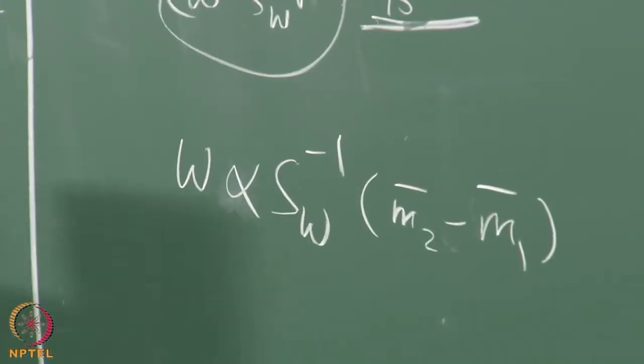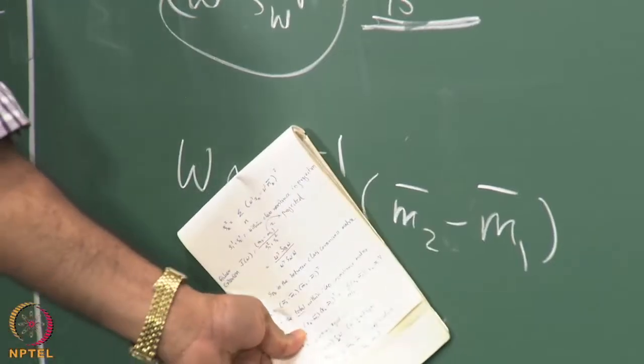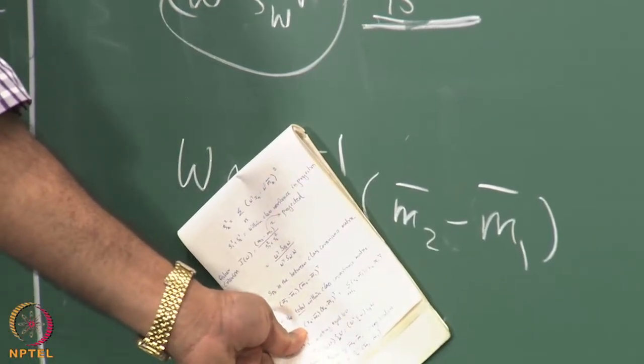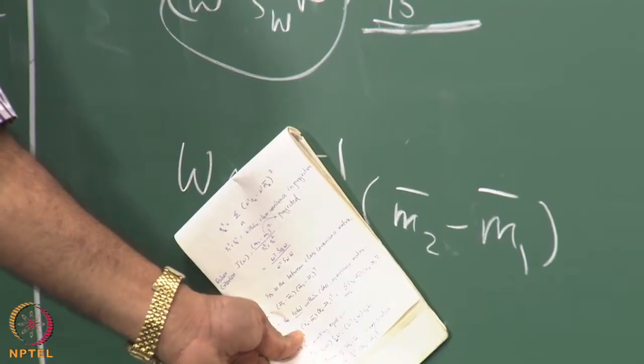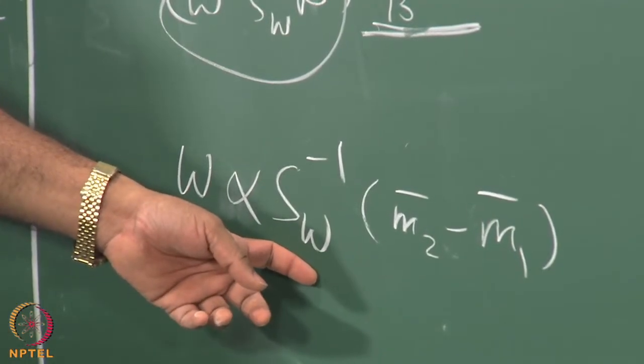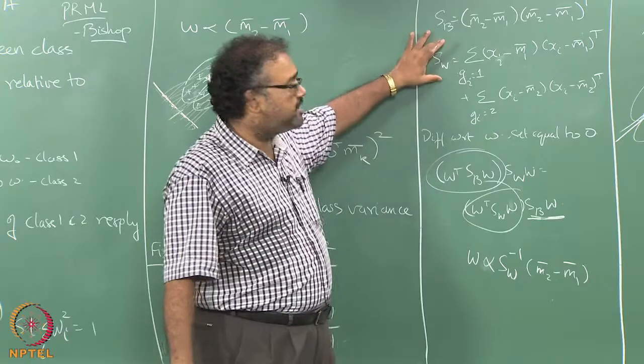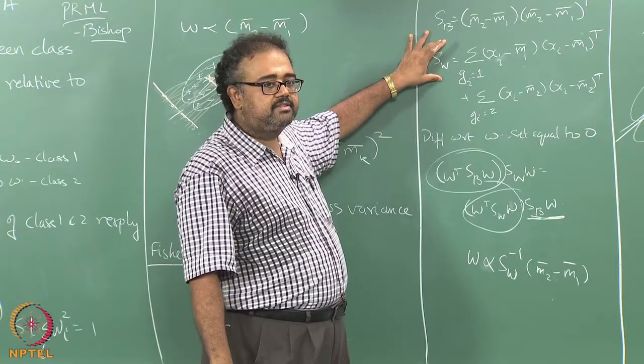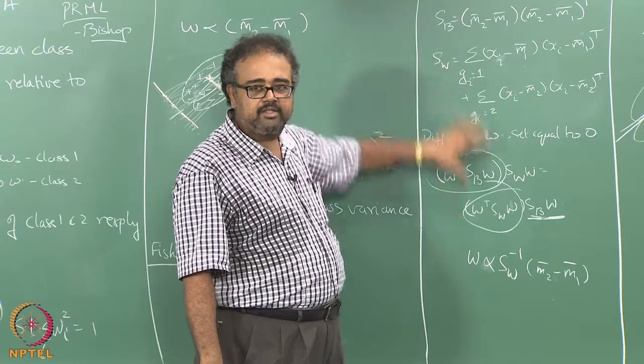So if I did not have the SW constraint, what I got was w proportional to m2 minus m1, right. But now if I am taking into account the within class variance also, then I will have to pay attention to the within class covariance matrix. So that is what this was, right. I will have to pay attention to the within class covariance. So that is basically all that is to it, okay.